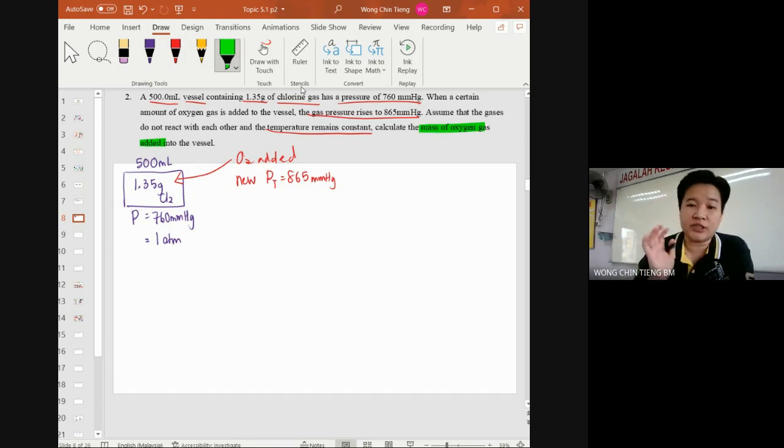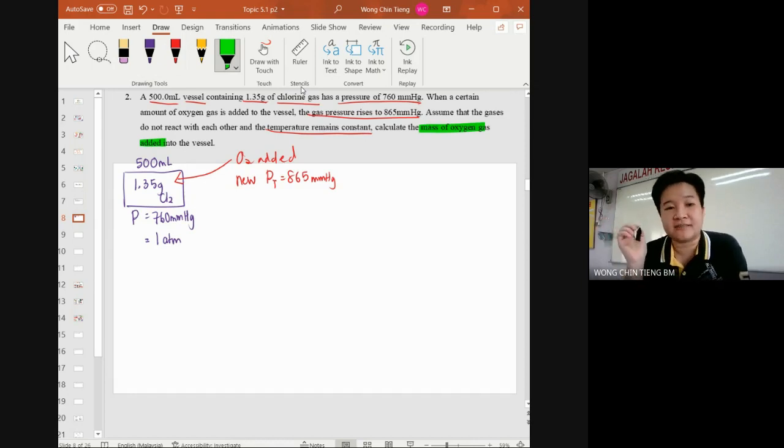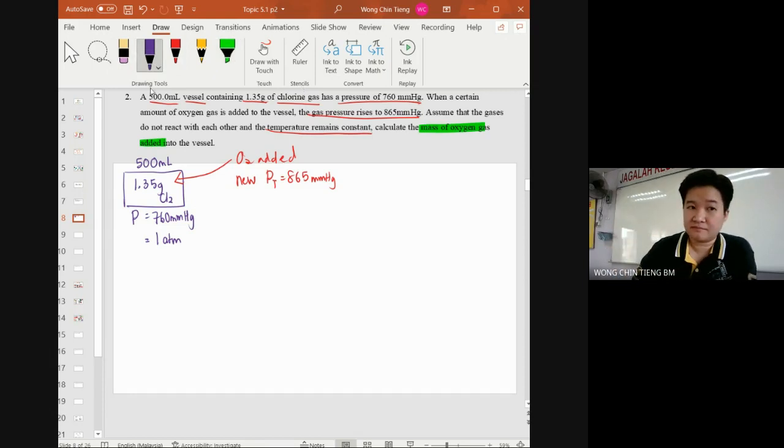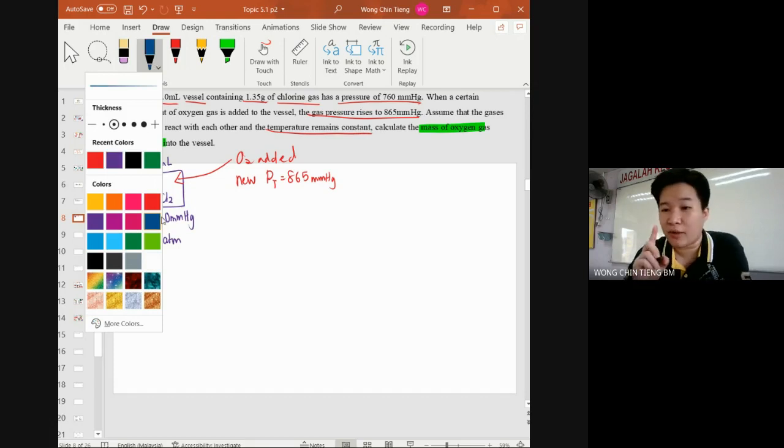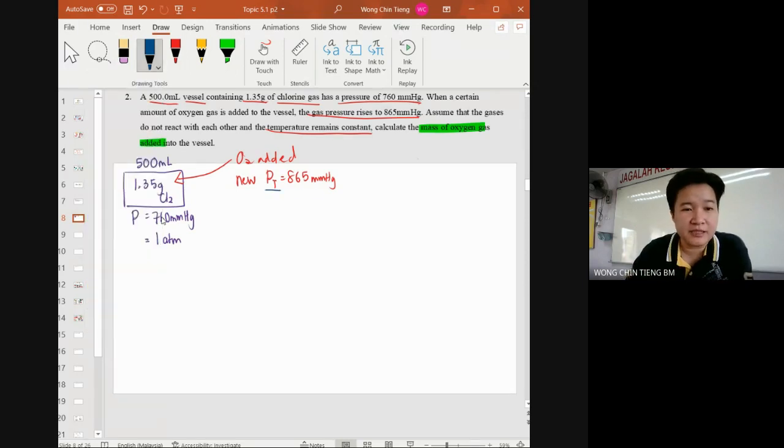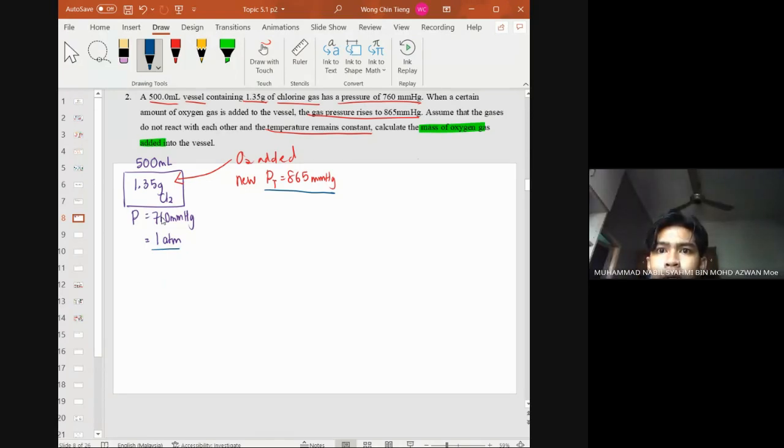By looking at the question, before fikir mass of oxygen gas, saya ada 1 pressure, saya ada 2 pressure. From these 2 pressures, apa yang kita boleh dapat dulu? Anyone? Kalau saya tak panggil nama, yang tak buka mulut memang takkan buka mulut. Nabil, from here, what can you get from these 2 pressure values?